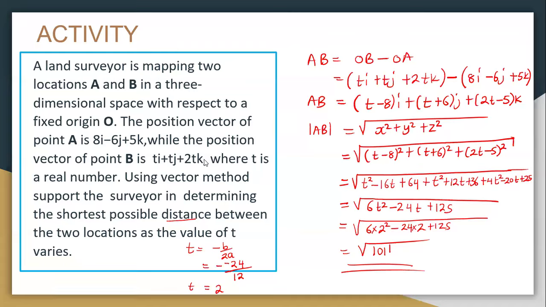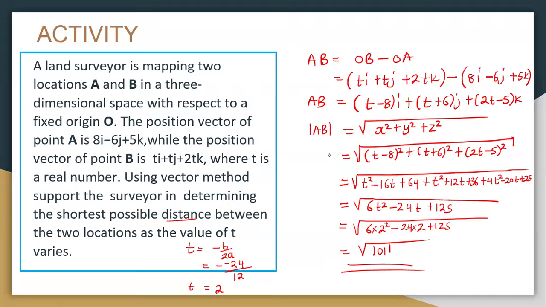You are saying that according to the question, they want us to determine the shortest possible distance between the two locations. And the other one continued and asked us to find the minimum distance. So I'm inquiring whether we can stop on finding the magnitude of AB.